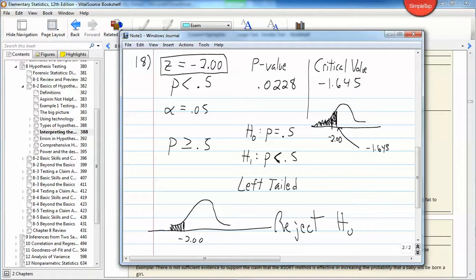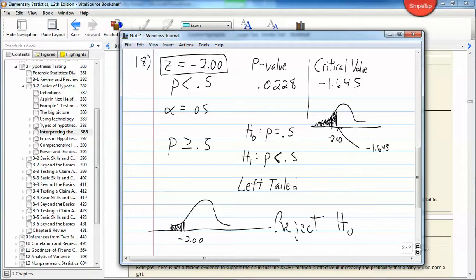But with the critical values, especially if it's left-tailed, the negatives sometimes will kind of play tricks with your mind. You'll be thinking, well, negative 2 can't be in that critical region because negative 2 is greater than negative 1.6. But it's not. It's actually less than negative 1.645.